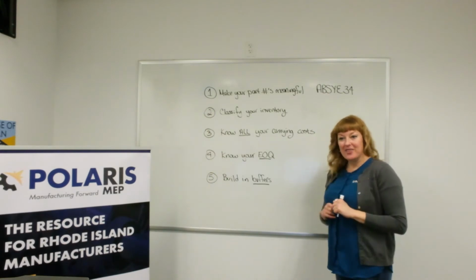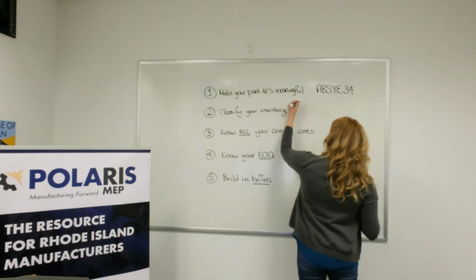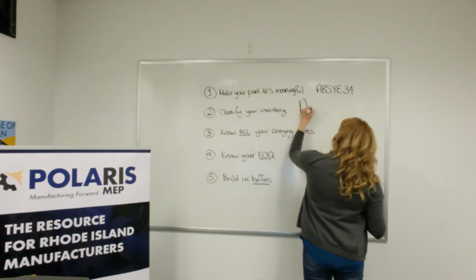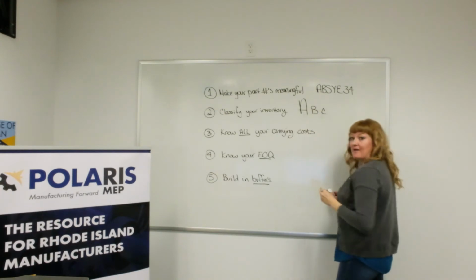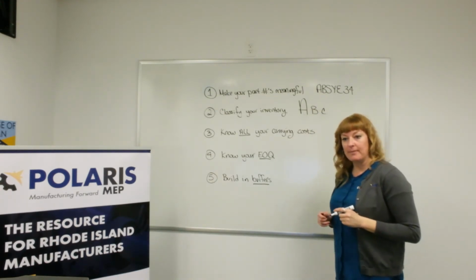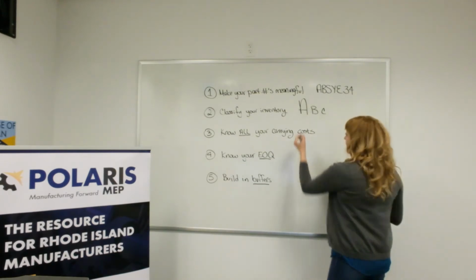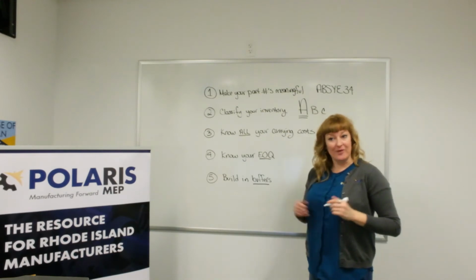Tip number 2, think about classifying your inventory. Try using something like an ABC system. A inventory having the greatest focus, and C inventory having the least focus. By classifying your inventory and understanding what impact it has on your organization, you can put the greatest efforts towards the inventory that needs the greatest efforts.